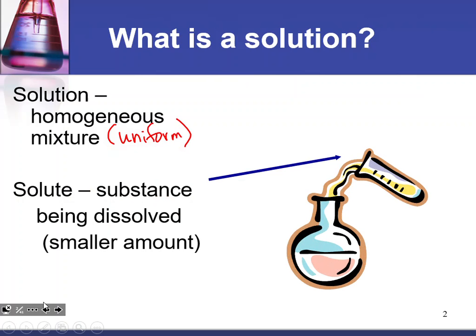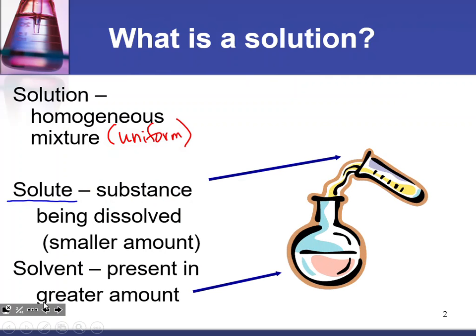Now, the first one that gets dissolved and it's in the lesser amount is going to be your solute. It is being dissolved. The solvent is the one present in greater amount, and for the Kool-Aid example, the water would be doing the dissolving.